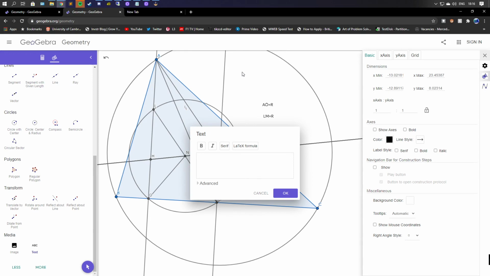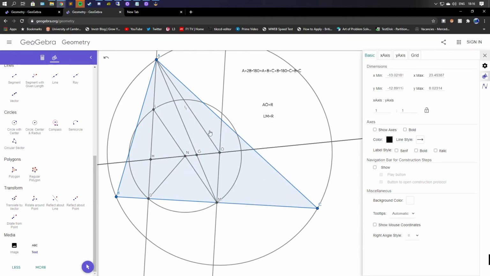So we have that 2B minus 180 is equal to A plus B plus C plus B minus 180 minus C, which is equal to B minus C. So we have that LAO is equal to B minus C.